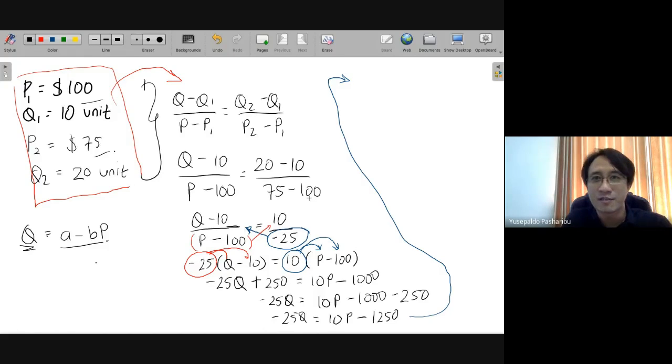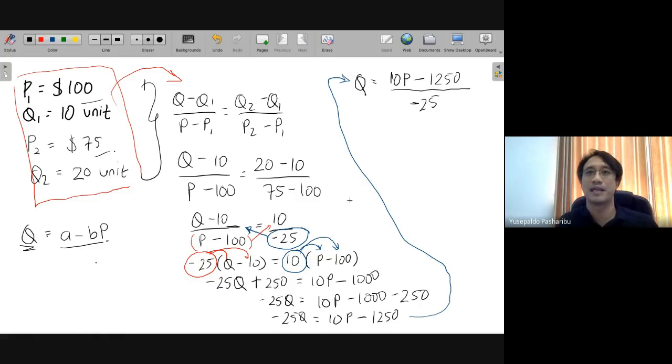What are we going to do next? So minus 25 multiplied with Q. So we will use minus 25 as the division, to divide 10P minus 1250 by 25, and don't forget to put the minus.